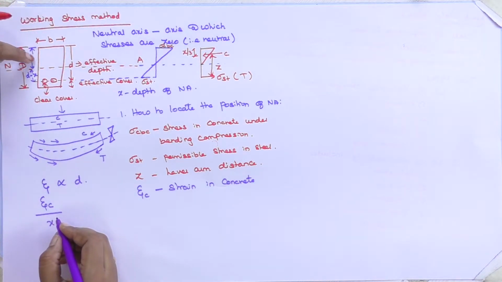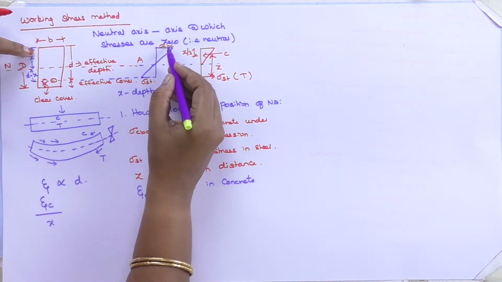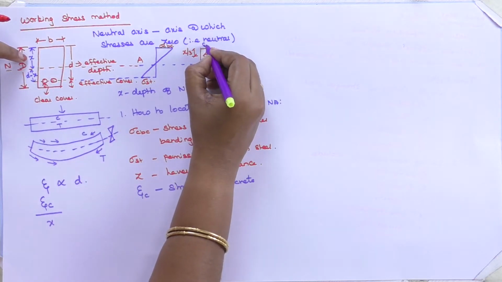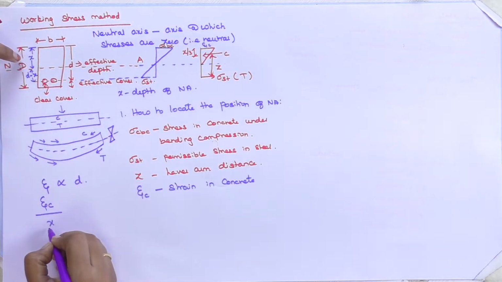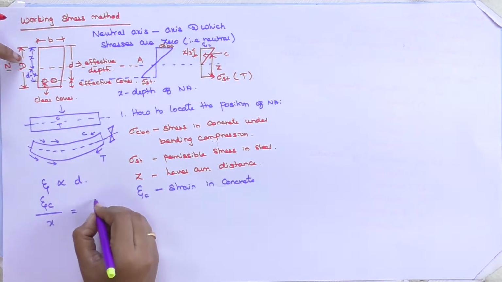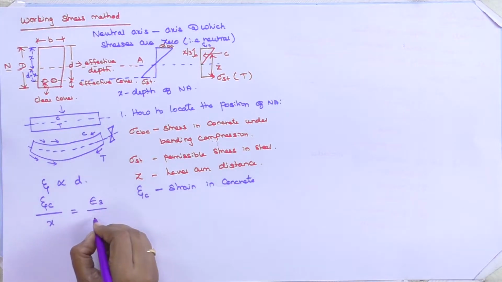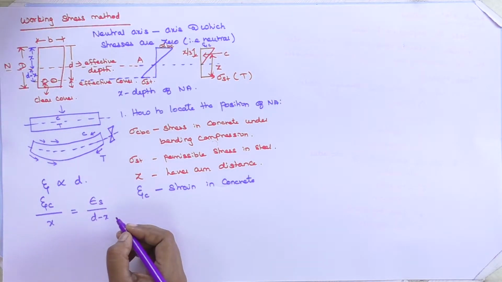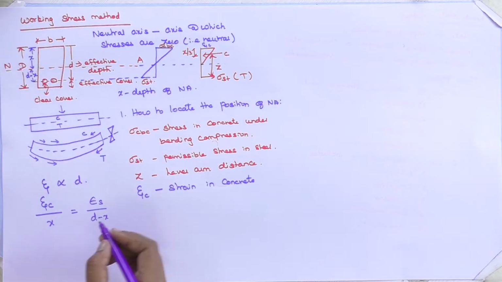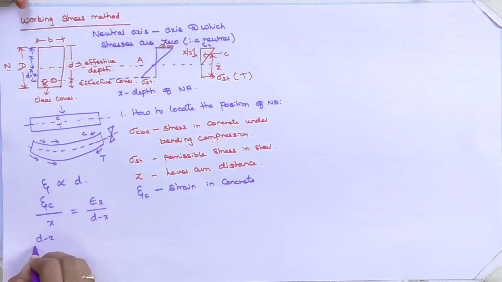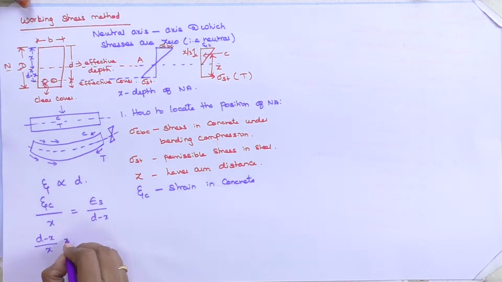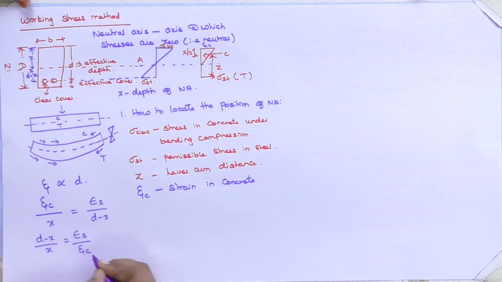This x is your sigma CBC, that is epsilon C. Strain in concrete divided by x is equal to strain in steel divided by d minus x. We can write this. Then d minus x divided by x is equal to epsilon s divided by epsilon c.